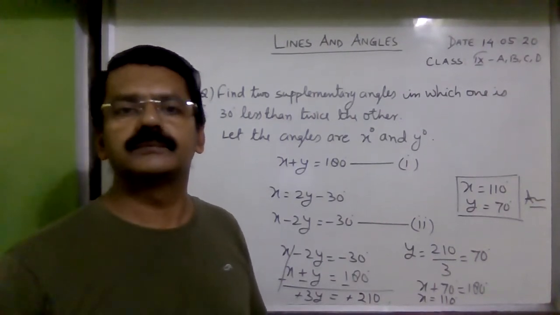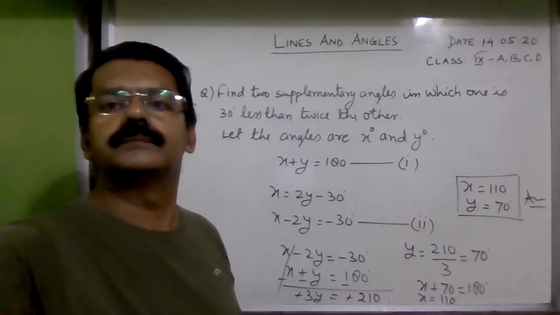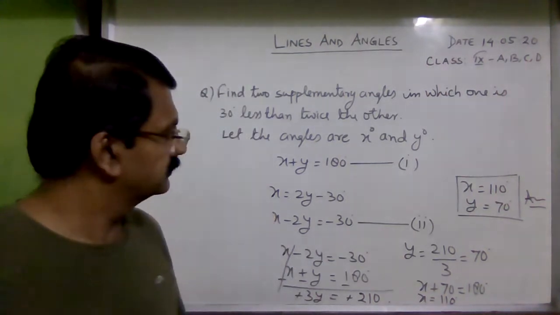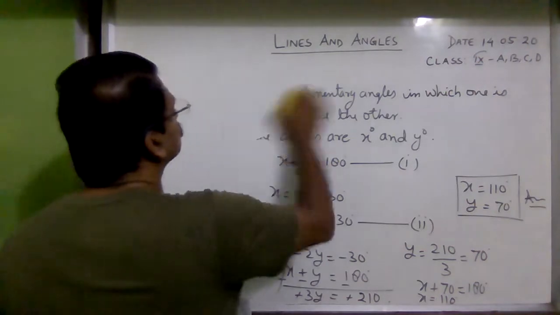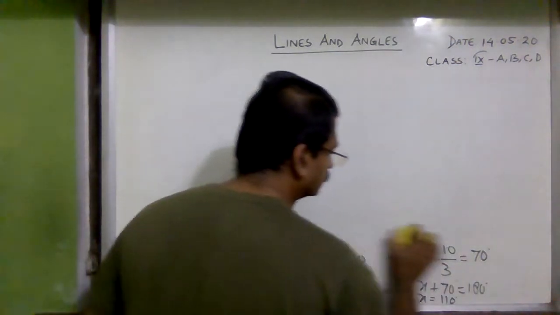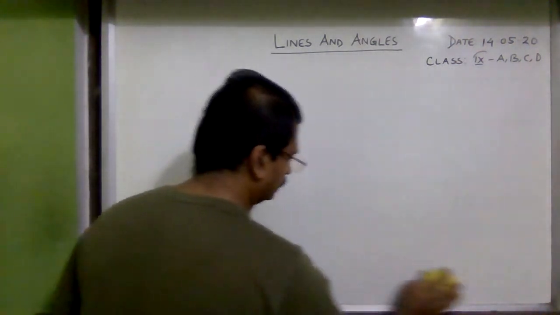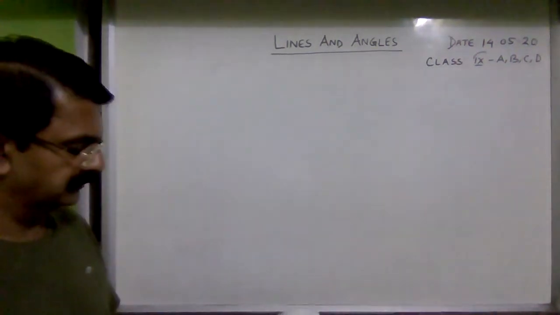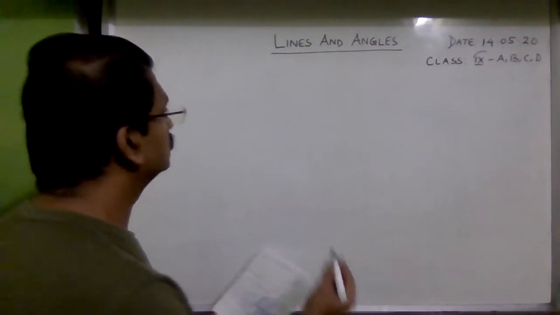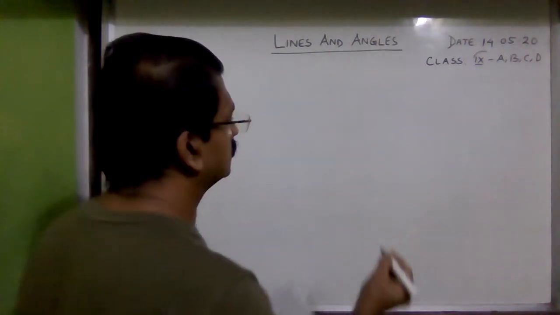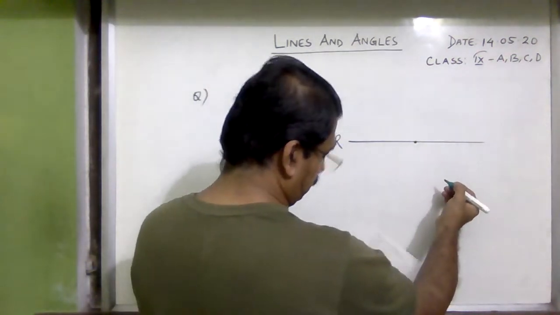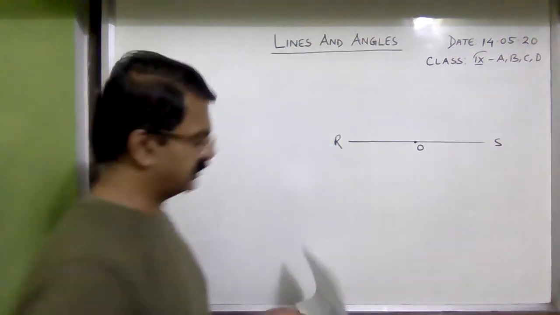Now we will do one more question. And the question is, there is a straight line ROS.